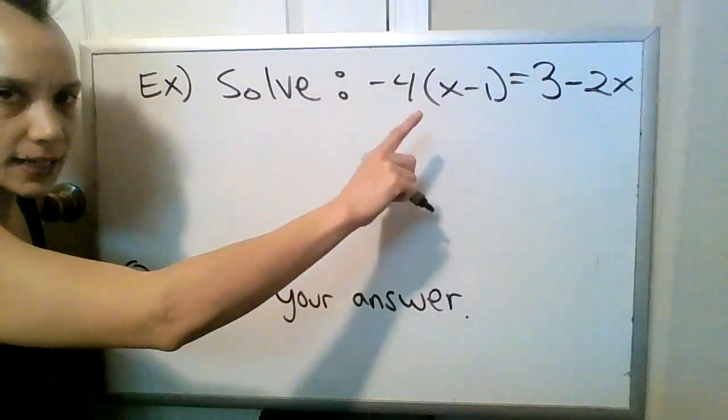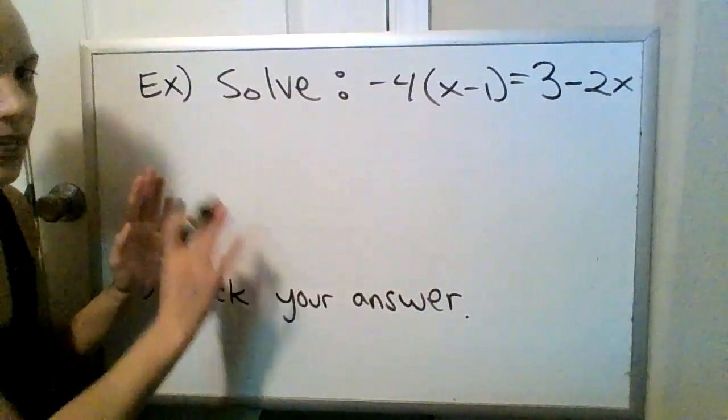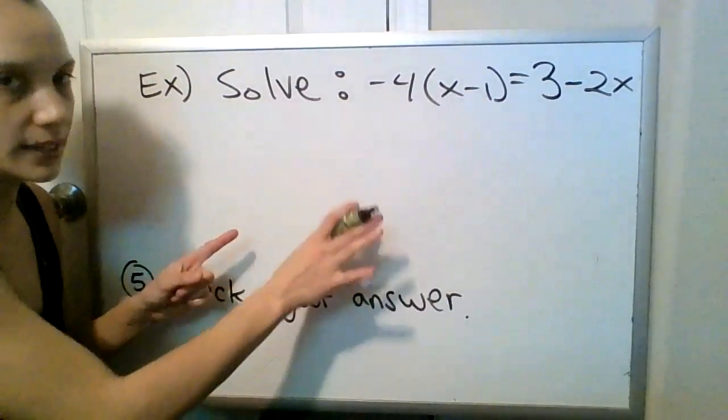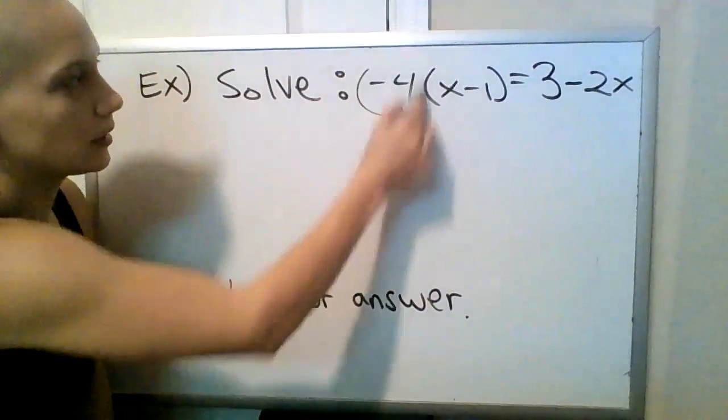Your variable is x, and you want to get x to one side of the equation and have everything else on the other side. So we're going to start with the first step and distribute 4.